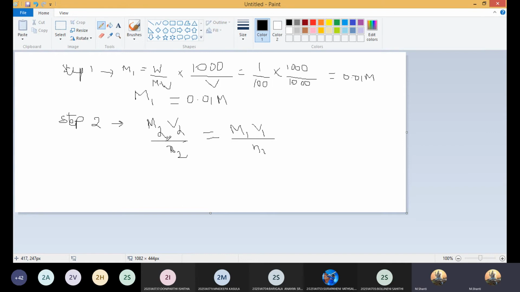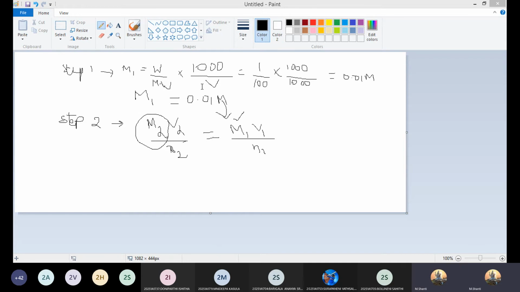What we have to calculate now? M1 or M2? Which one you have to calculate? M2, ma'am. Okay, M2. M1, how do we get? This value you can directly take from the step 1. V1, how much is given?